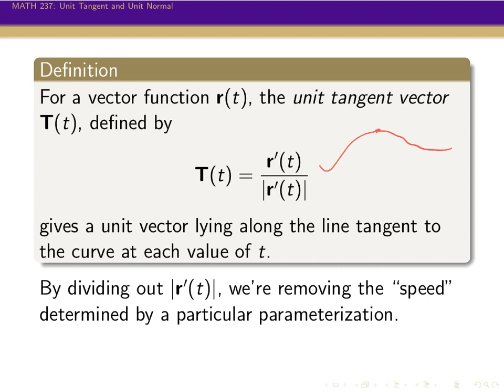If we're thinking about this as a picture, we have some curve, and we pick some point. The only thing really coming from the parameterization that's going to be preserved is which way you're moving along the curve. So if we're moving this way, then r prime of t looks like that. Then the unit tangent is going to be just one long going in that direction. That's r prime, T, not T prime; we'll get to T prime later.